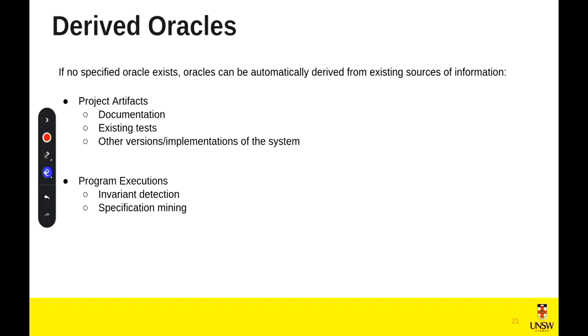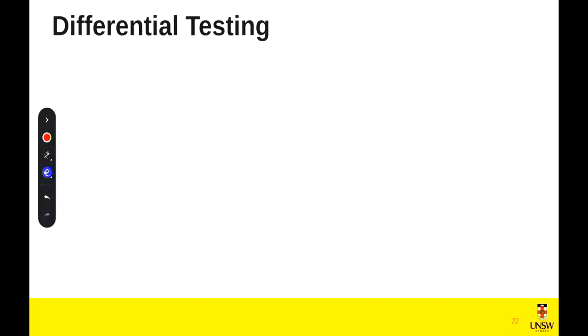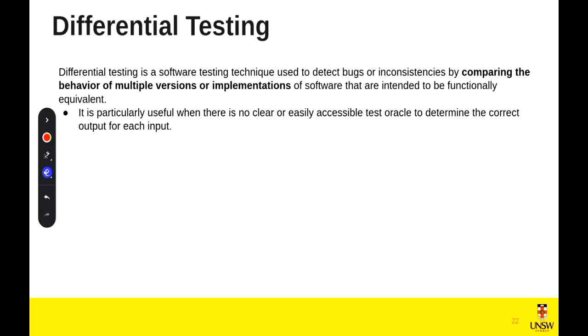We can try to detect invariants. We can try to mine some specifications. So the first technique to derive test oracles is called differential testing. This is the definition of differential testing.